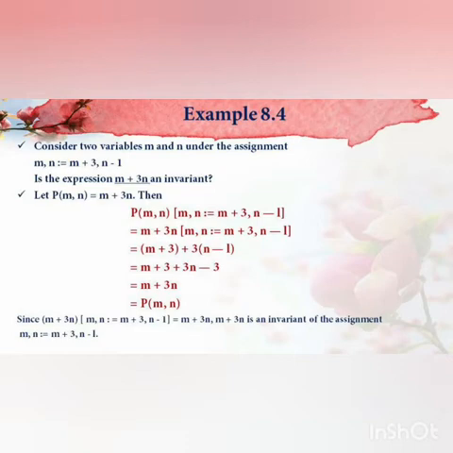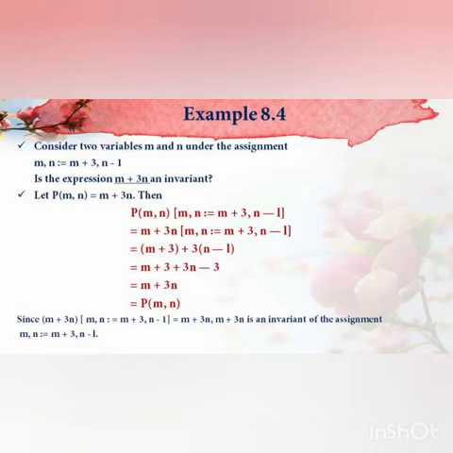So, we have to write m plus 3n of m comma n is equal to m plus 3 comma n minus 1. Now, we are going to substitute here. What is the value of m? m plus 3. And what is the value of n? n minus 1. So, (m plus 3) plus 3 times (n minus 1). We write the 3 as such and the n value is n minus 1.